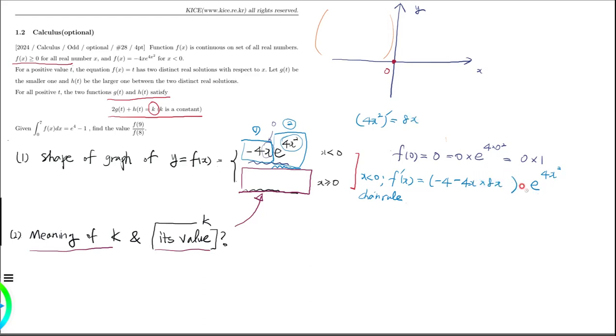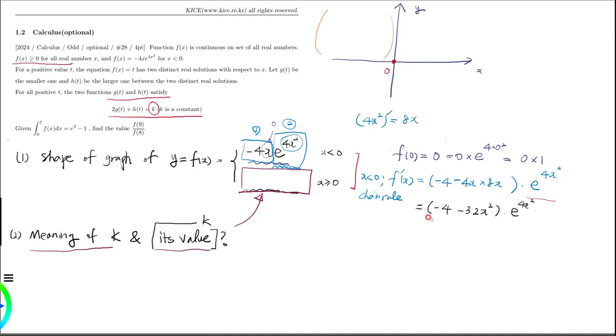So negative 4x times 8 times x, and e to the 4x squared is a common factor. When we arrange this term, it will give us negative 4 minus 32x squared times e to the 4 times x squared.